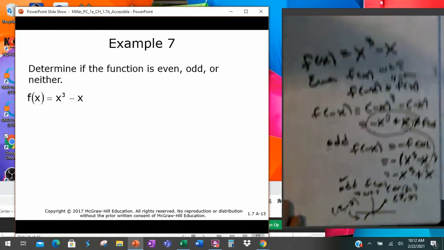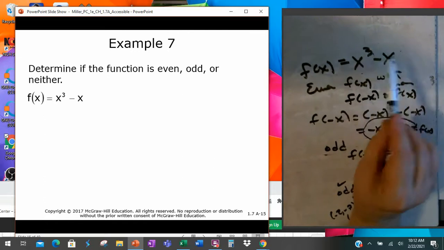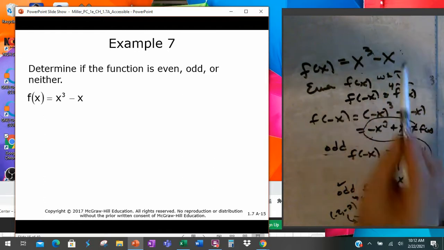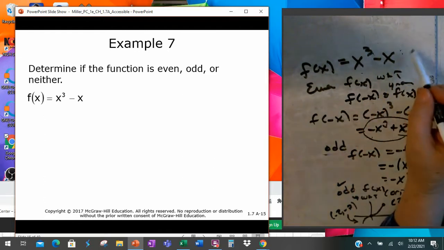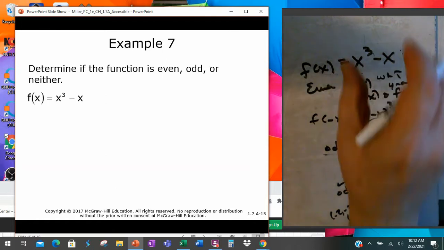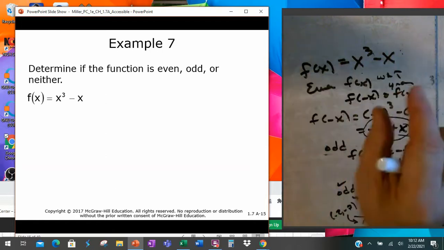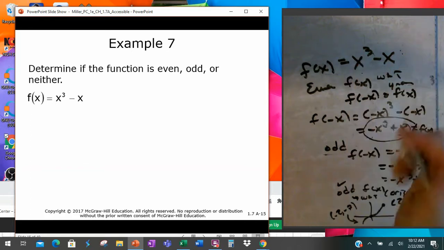Here, all the powers were odd. Constants were not in here. Evens I can shift up and down and they'll still be symmetric, but I can't shift an odd function up.